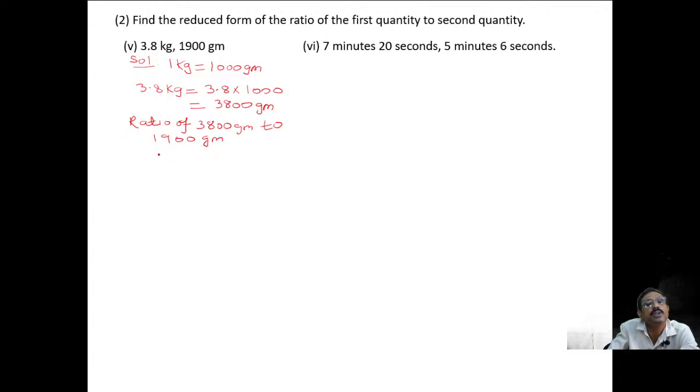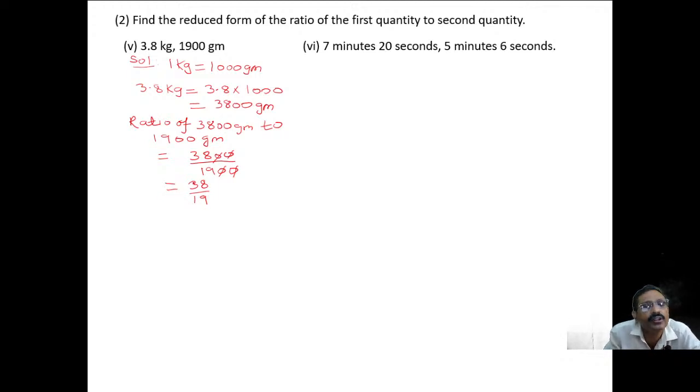Now what is this ratio equal to? 3800 upon 1900. Now if you carefully look here, you will find that this is 3800 upon 1900. This 0 gets cancelled. This 0 gets cancelled. And what do we get? 38 upon 19. Now we are getting 38 upon 19.